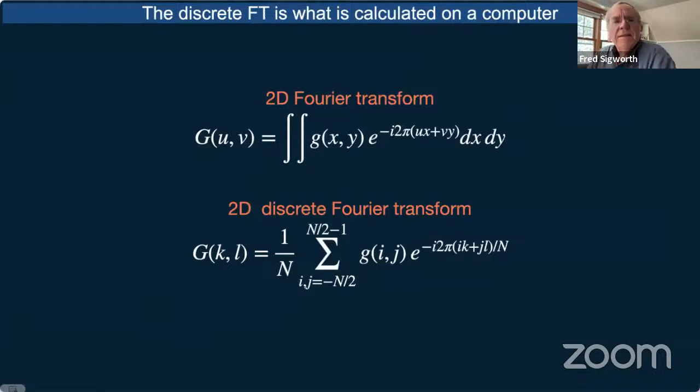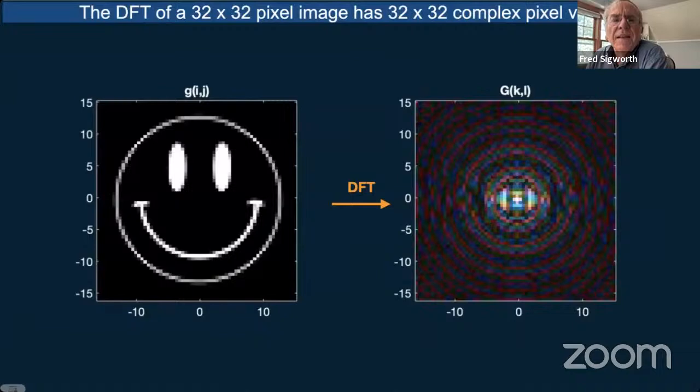Now, the discrete Fourier transform is what's calculated on a computer. So this is the beautiful continuous mathematical object, and this is what happens on a computer, which is that we just replace the integrals with sums, and otherwise it looks pretty much the same.